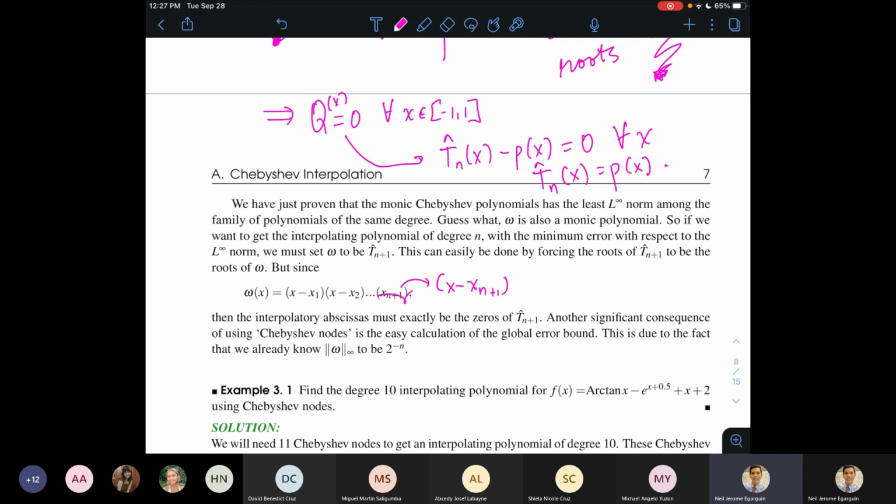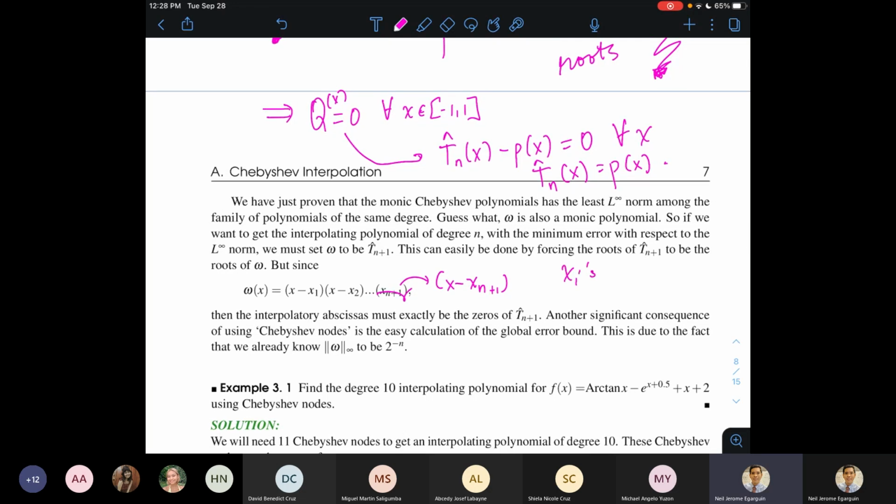So kailangan kong piliin yung mga abscissas to be the roots of the Chebyshev polynomials. So if we can choose freely the abscissas we are going to use in the interpolation, then we can choose them to be the roots of the Chebyshev polynomial so that we get the minimal L infinity norm.